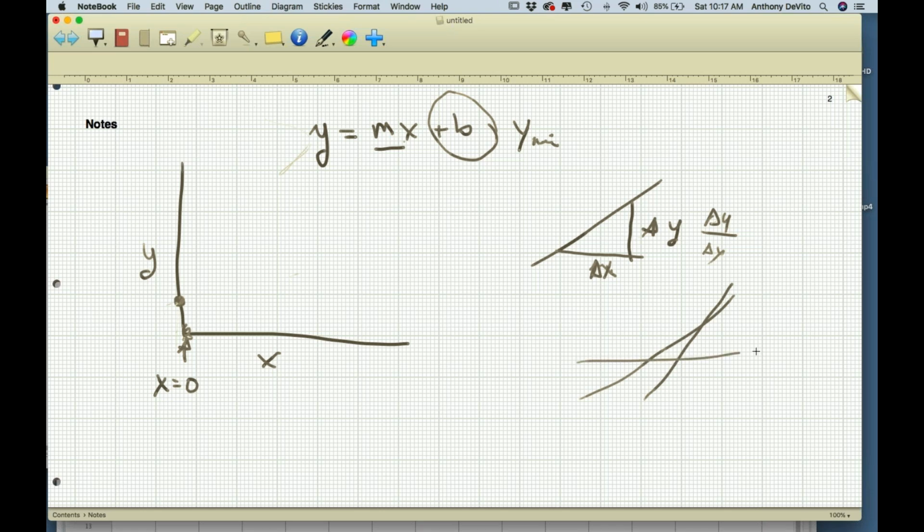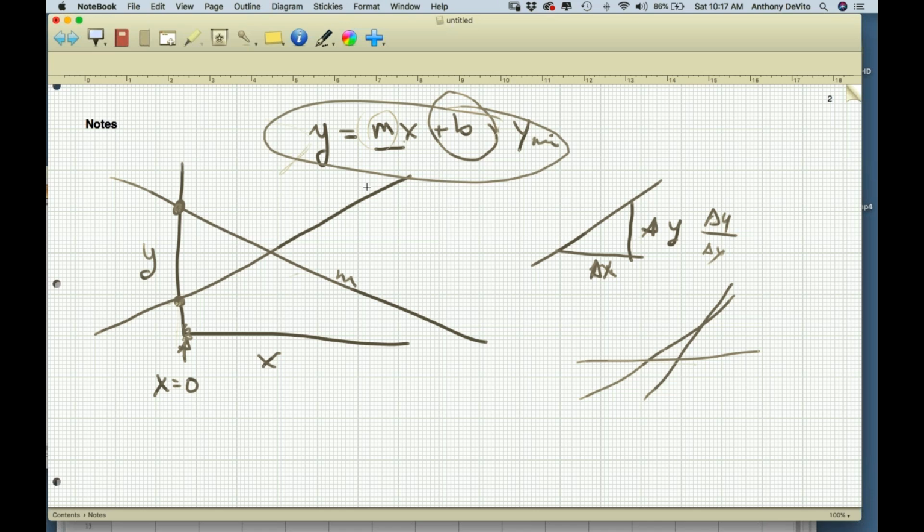The slope of 0.1 looks something like that. 0.1 would be very little change in y for a big change in x. So if we know what the slope is, and we know it goes through that point, then that line can only have that appearance, right? Every line that we would draw is going to have a unique y-intercept and a unique slope, right? So this formula describes all lines.